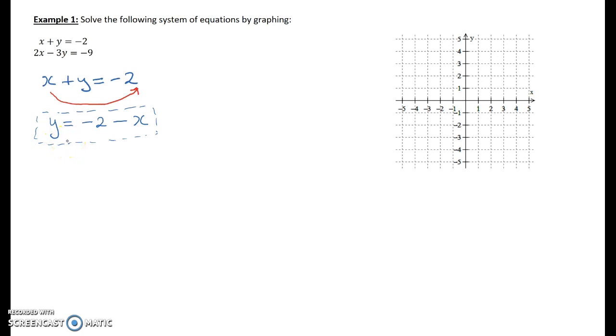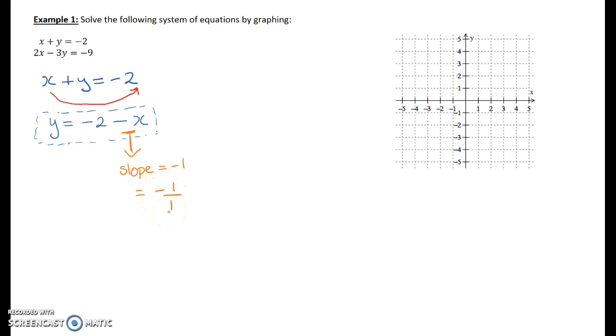Now, let's look at the different parts of this. The number that's in front of x here is -1. That's the slope. There's an invisible one there, so the slope here is -1, which is -1 over 1.